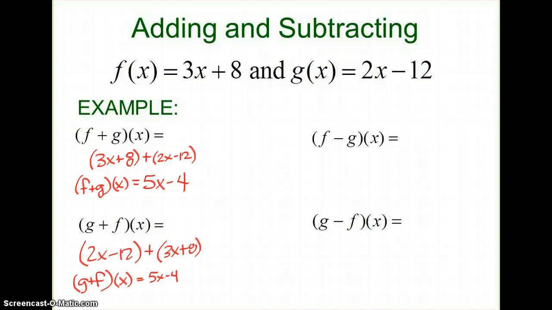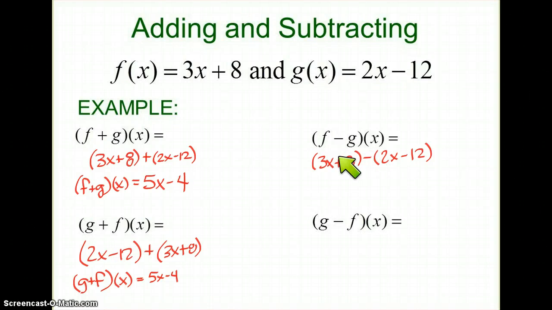Now let's look at subtraction. In subtraction, same thing, f minus g. So my function f is 3x plus 8, and then minus my function g, which is 2x minus 12. Now this one I have to be a little more careful because I do have that negative sign in the middle.